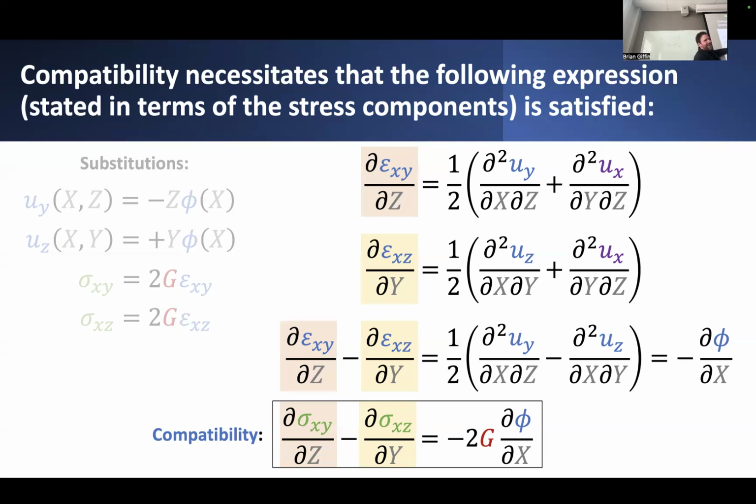We can also apply our constitutive equations relating shear strain and shear stress and plug them into this relationship to come up with the same expression, but instead expressed in terms of the stress components, treating those as the primary unknowns that we will try to solve for in this warping section analysis.